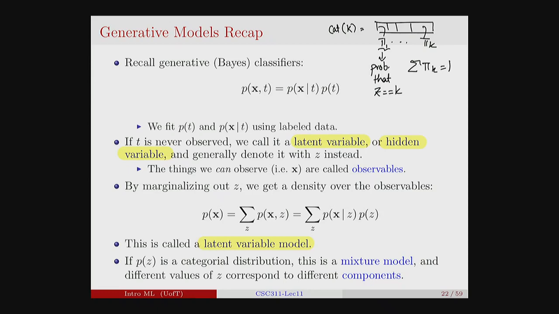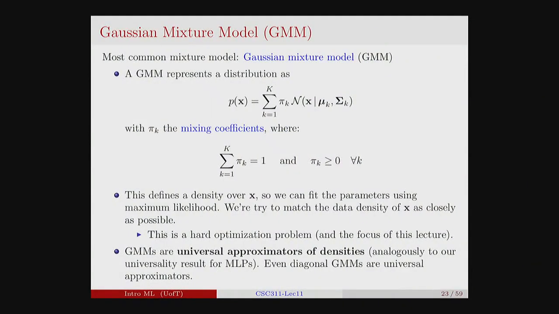Okay, so now we're going to start putting distributions to each of those probabilities. When P of z is a categorical distribution, and P of x given z is a Gaussian distribution, the resulting model is called a Gaussian mixture model. The reason it's called a Gaussian mixture model has to do with what the probability density function for the observed data looks like.